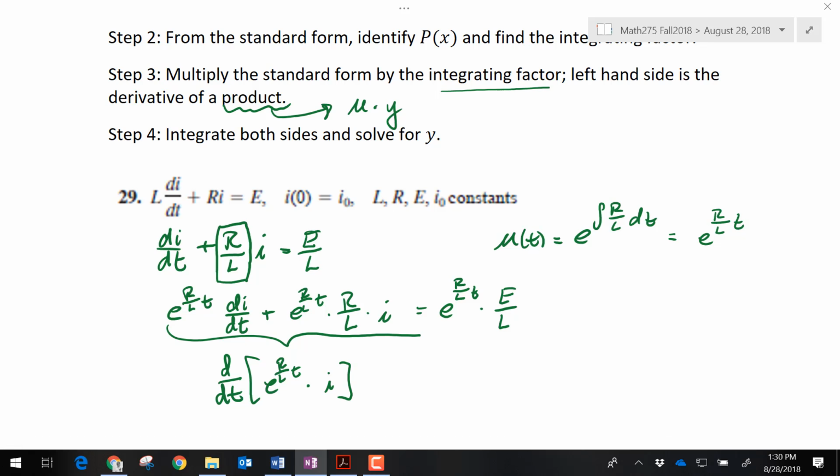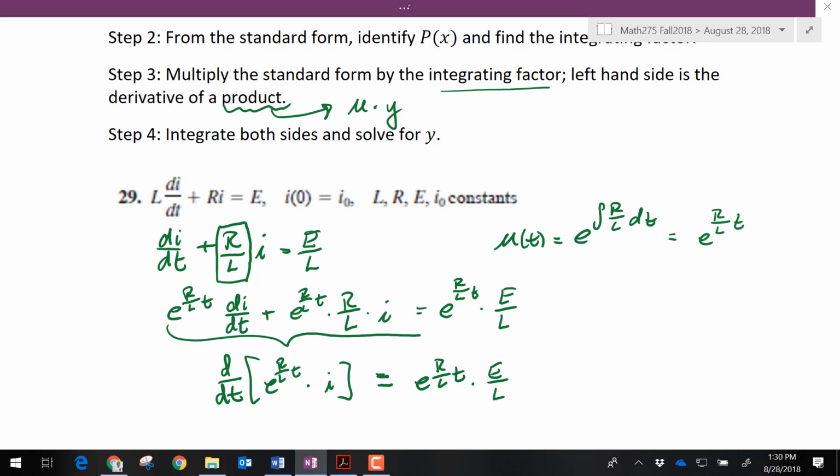Okay? So that's the end of step 3. Step 4, we integrate both sides, and then we solve for I.